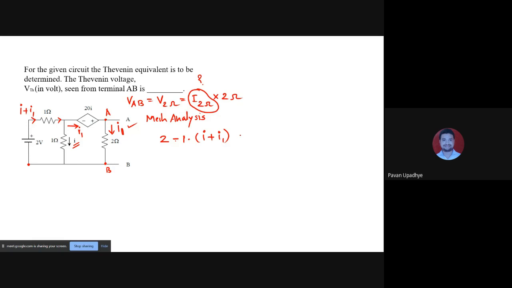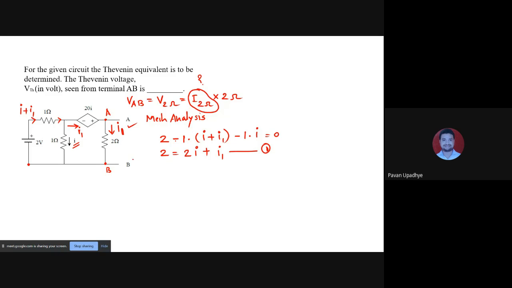Moving downward, I come across the 1 ohm through which current I flows downward, and I am also moving downward, so this is minus. So plus 2, minus (I plus I1), minus I, equals 0. This gives 2 equals 2I plus I1. Let us call this equation number 1.